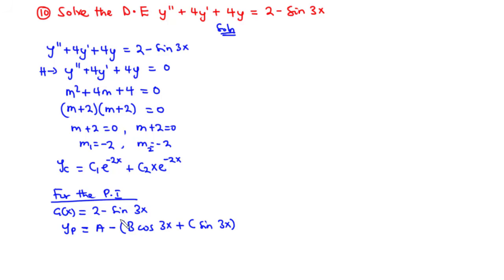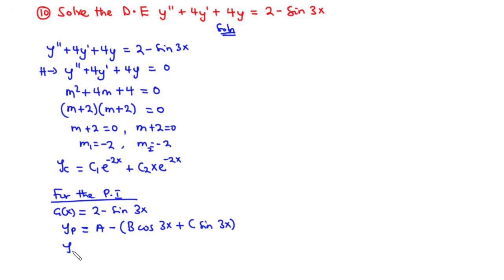Remember that whenever you have sin px or cos px, and it is not found in the complementary function, then you have yp = a cos px + b sin px. Now because we already have a here, you are going to start from b and then c. So b cos 3x + c sin 3x.